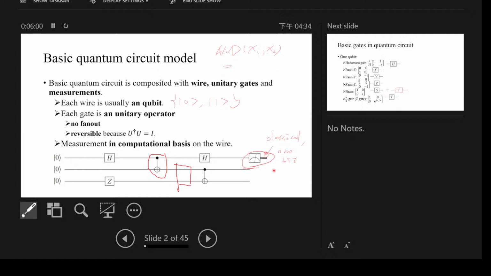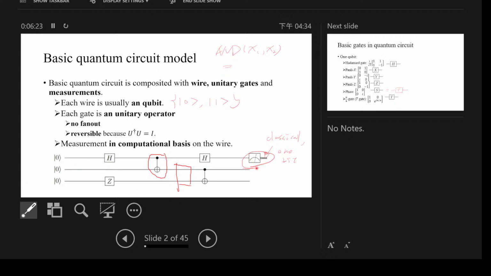Okay. But sometimes people will say measure in the X basis instead of the computational basis. Maybe they will draw an X with the measurement, and you know it's measuring in the plus-minus basis, etc. But most of the time it's still the computational basis.